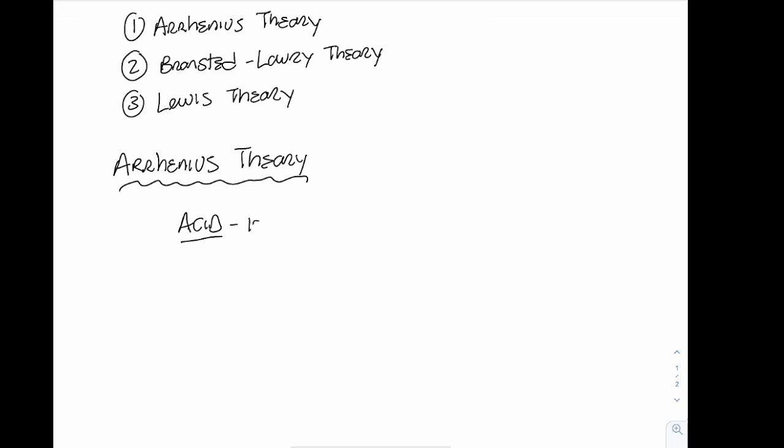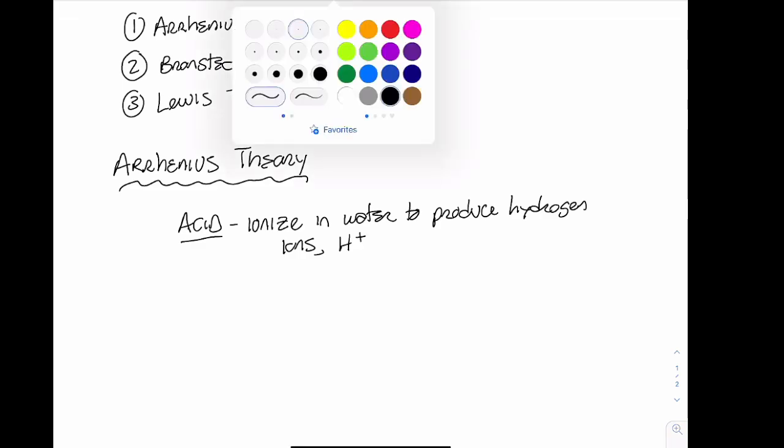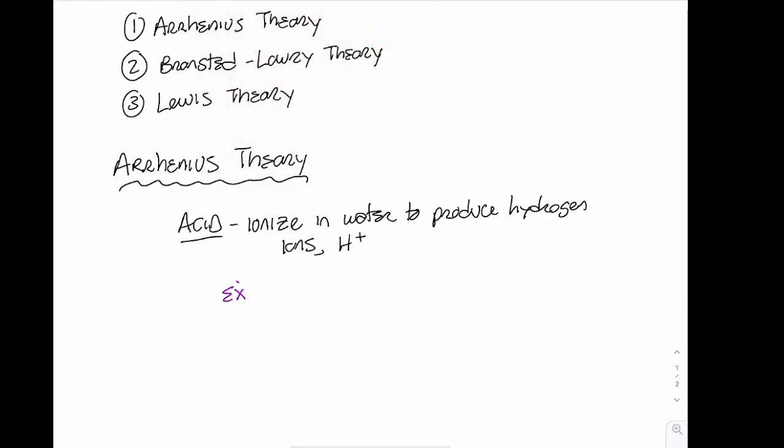So this is going to ionize in water to produce hydrogen ions, H+, so hydrogen cations. An example for us: if I take HCl, hydrochloric acid, I'm putting an (aq) after it, so it's in aqueous solution.